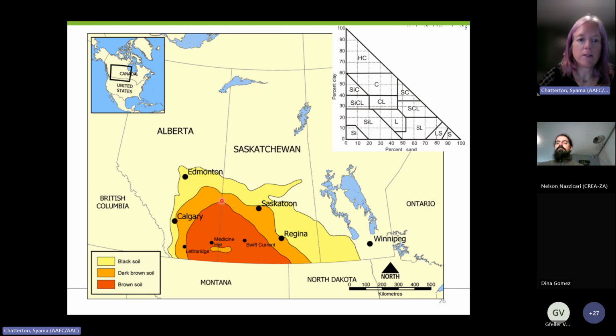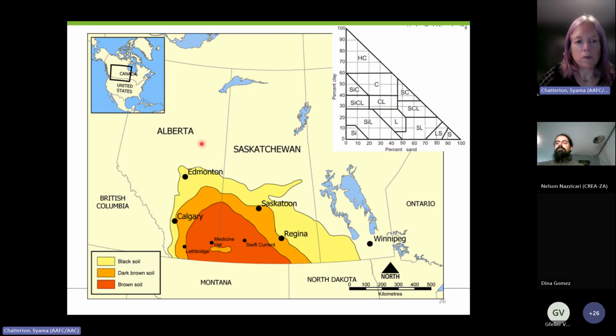We have a dark brown soil zone, which tends to be a heavier clay soil and moderate in precipitation. And then we have a brown soil zone, called the Palliser Triangle here, which tends to be fairly dry, with low organic matter. Soils can either be heavy clay or a sandy loam.